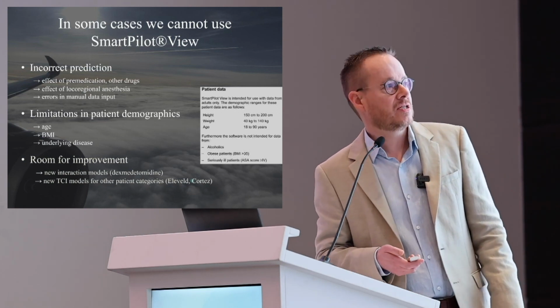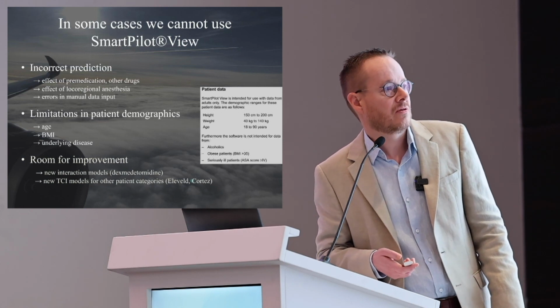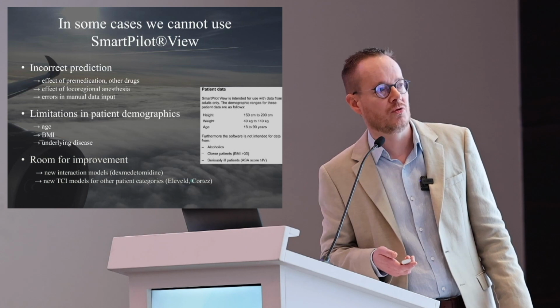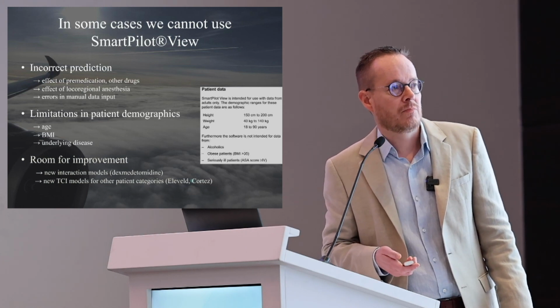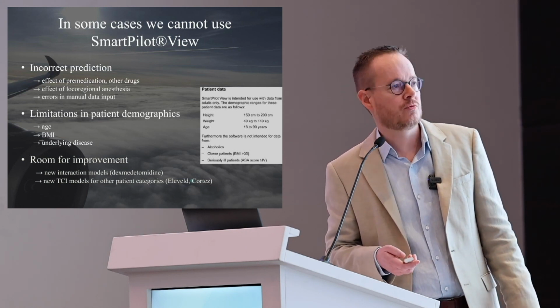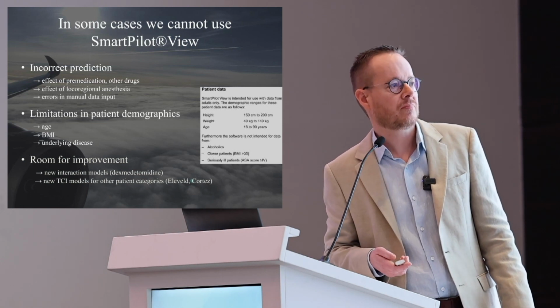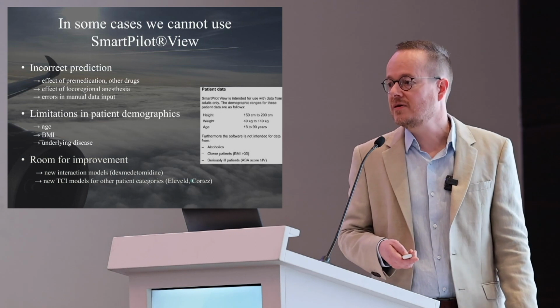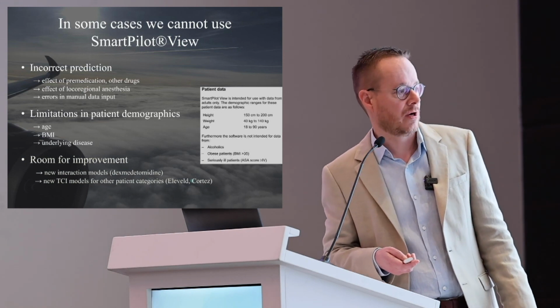There are also limitations in the patient demographics. So we cannot do kids, we cannot do patients with morbid obesity, and if you have underlying disease, the prediction becomes more and more unreliable.